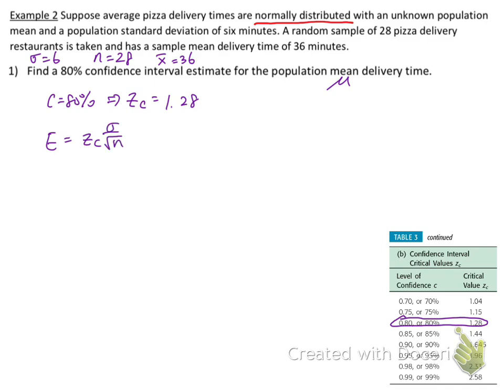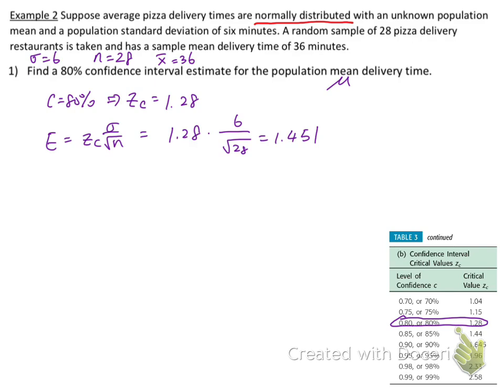That's how it is written in the formula packet. Of course, they didn't put the multiplication, but you need to put that multiplication in your calculator. So bring these numbers in their places: 1.28 for my ZC, sigma is 6 and n is 28. And this will give me 1.451.